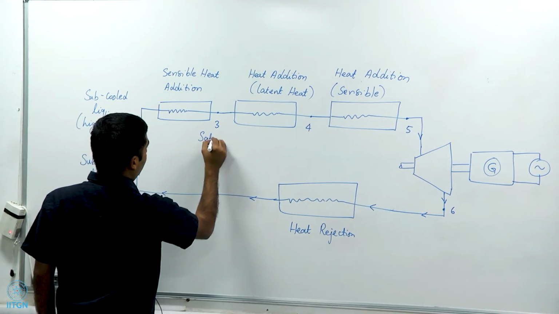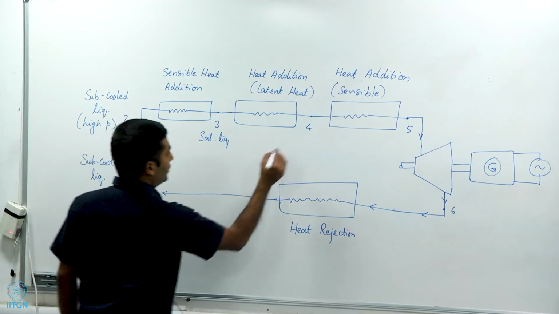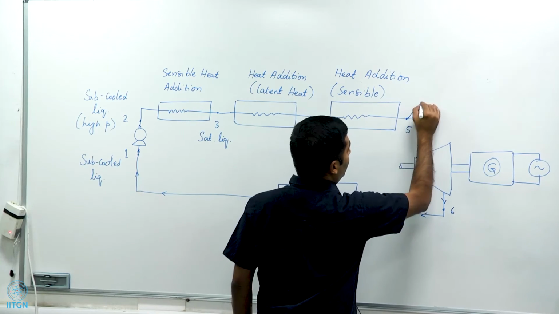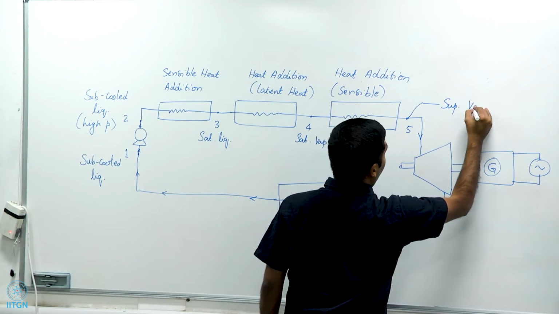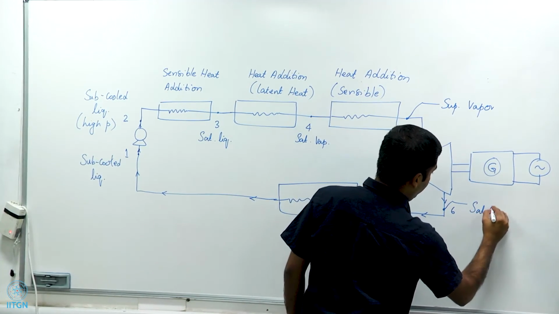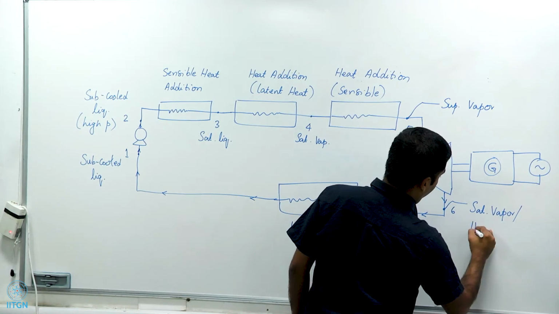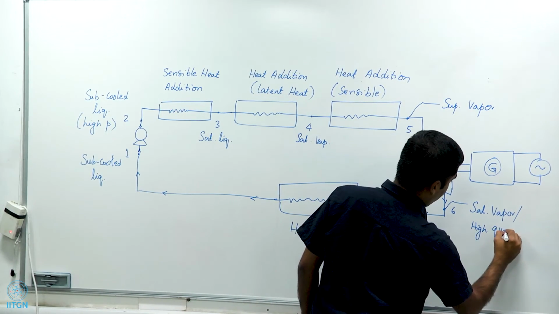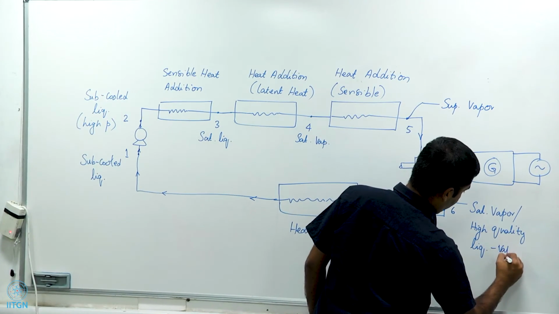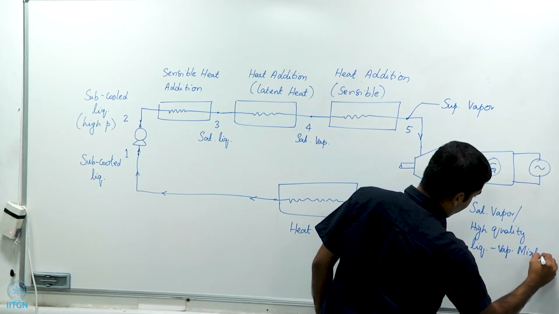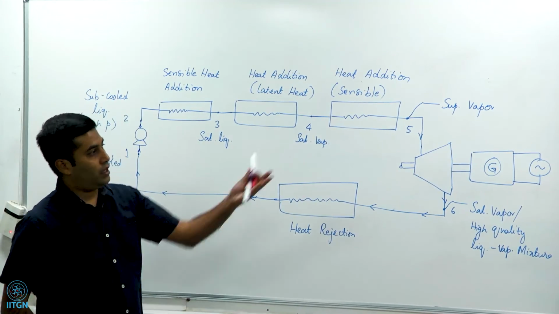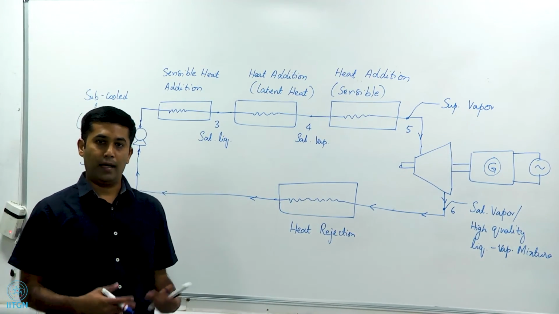And this is a saturated liquid, and this is a saturated vapor, and here this one here is a superheated vapor, and here we have a saturated vapor or a high quality liquid vapor mixture. So this is how it looks from a device perspective. That's how it looks from a cycle perspective.